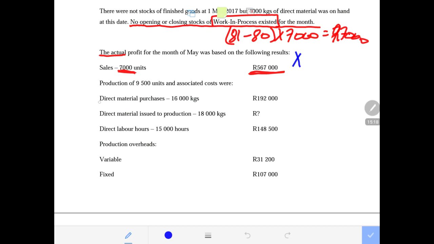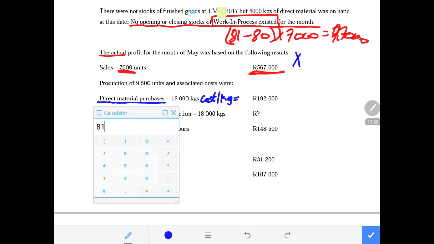statement. Direct raw material purchased was 16,000 kgs and it amounted to 192,000 rands. Then we need to know how much was the cost per kg. If we bought 16,000 kgs and the total was 192,000, therefore we take the total of 192,000 rands, we divide that by the total number of kgs, and this gives us an amount of 12 rand.